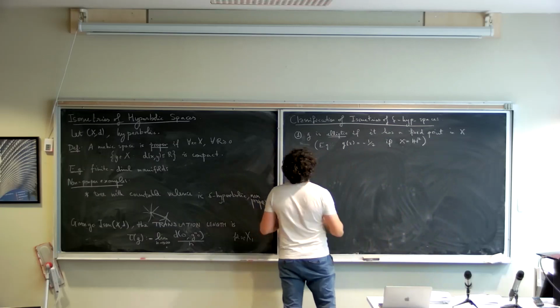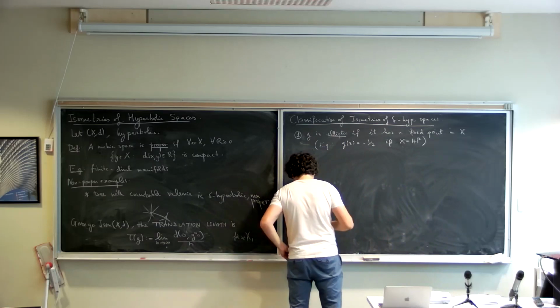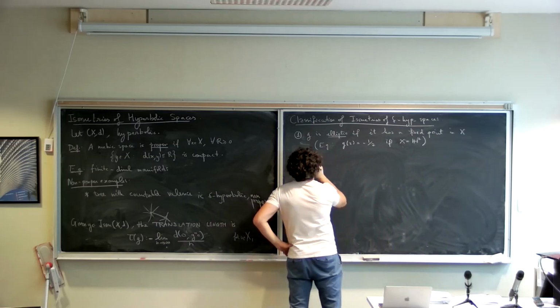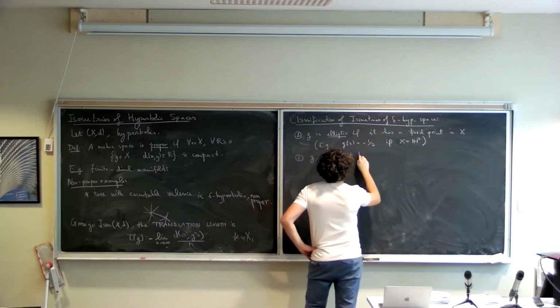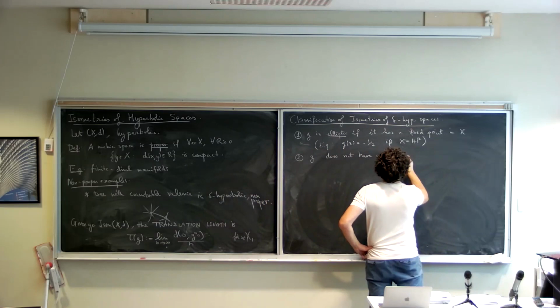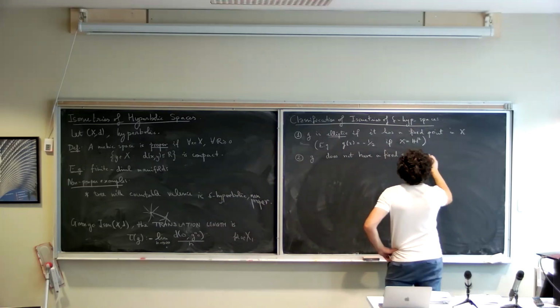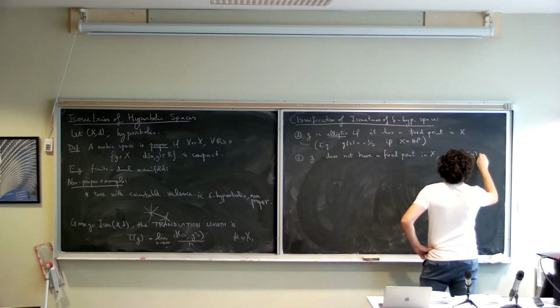Okay, so the other one is G does not have a fixed point in X, and tau of G is 0.